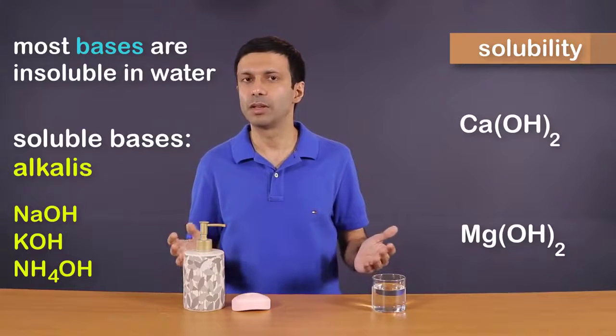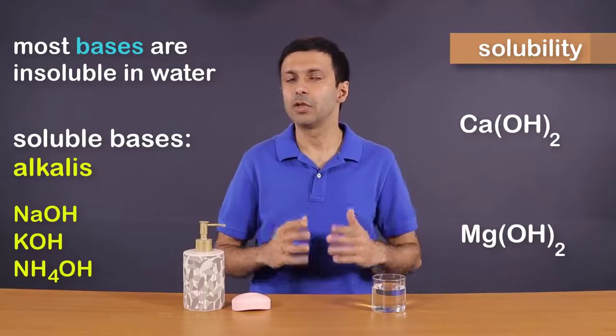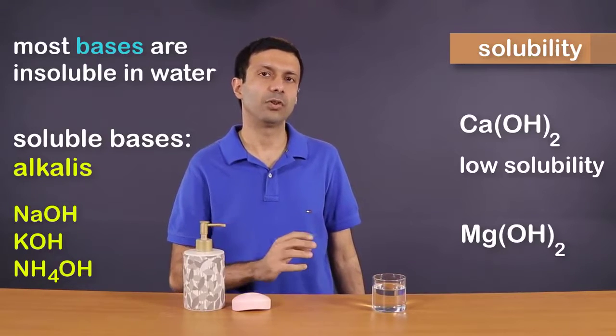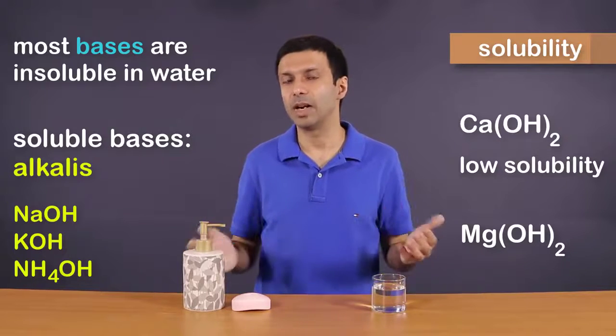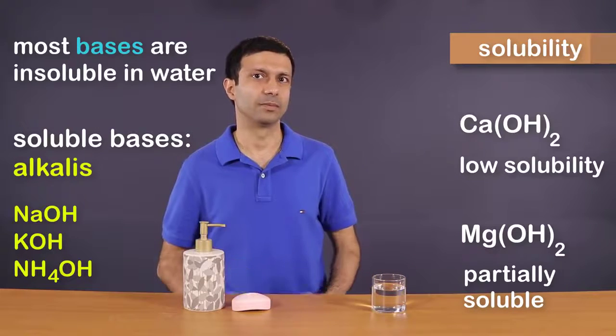But in some textbooks, they are marked as bases. The reason is the solubility of calcium hydroxide is much lower compared to sodium and potassium hydroxide. And magnesium hydroxide is only partially soluble in water.